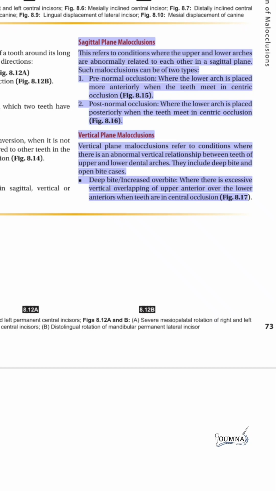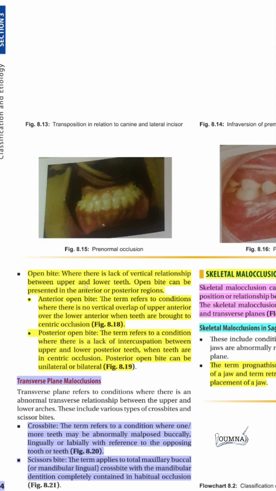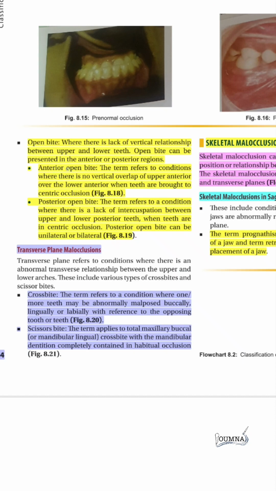A deep bite is when there is an excessive vertical overlapping of the upper anterior teeth over the lower anterior teeth during occlusion. But the open bite is the opposite, when there is a lack of vertical relationship of the upper and the lower teeth. And the open bite can be anterior and it can be posterior.